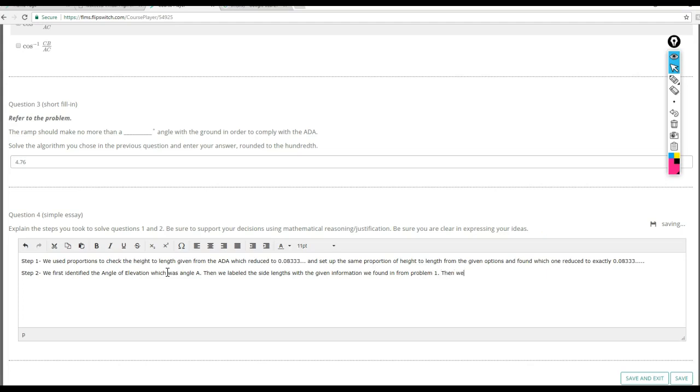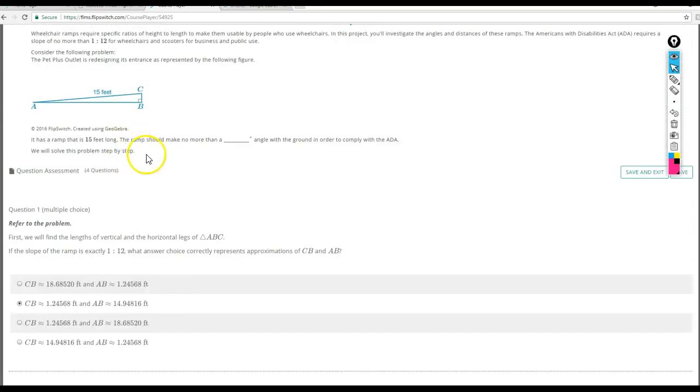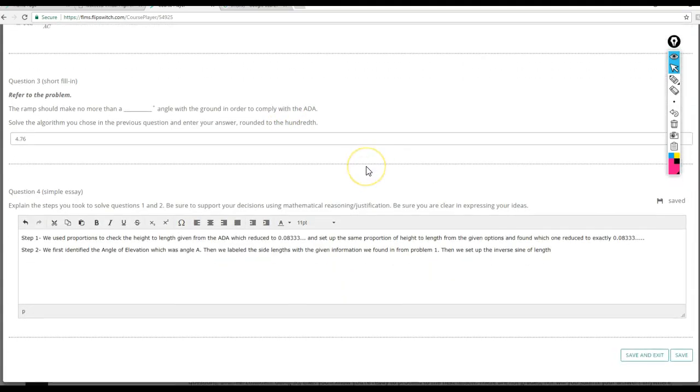Then we set up the inverse sine ratio. So we set up the inverse sine of length, sine is opposite over hypotenuse. So opposite was length CB over hypotenuse length, which was AC. Length of CB divided by the length of AC.